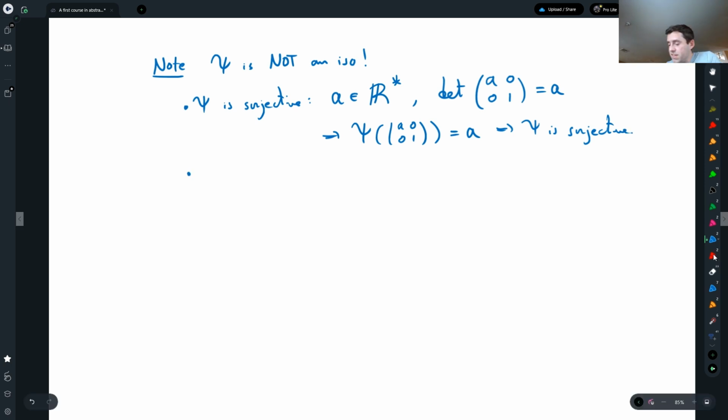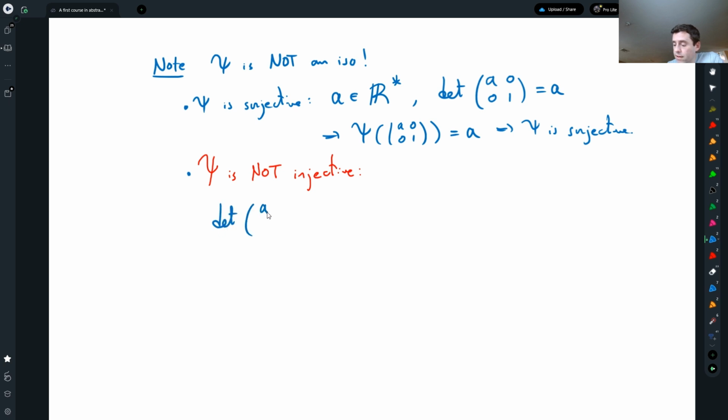However, psi is not injective because there are many other matrices whose determinant is A, for example. So for any A, I have that the determinant of A001 is the same as the determinant of 100A, which is the same as the determinant of 0 minus A10, for example.